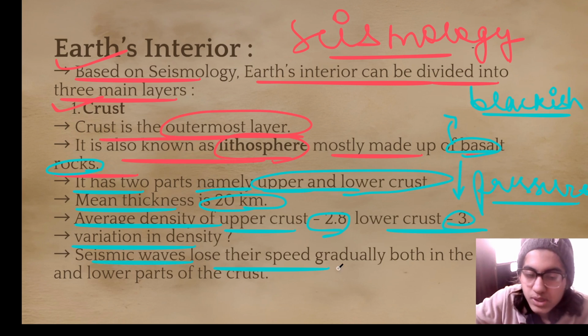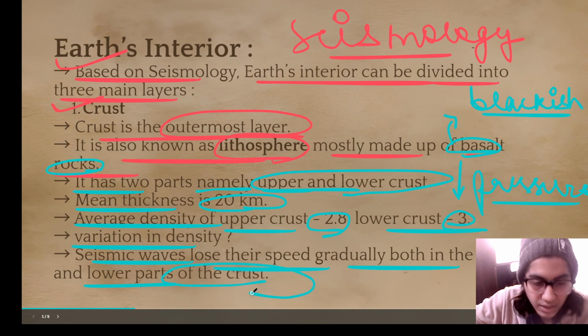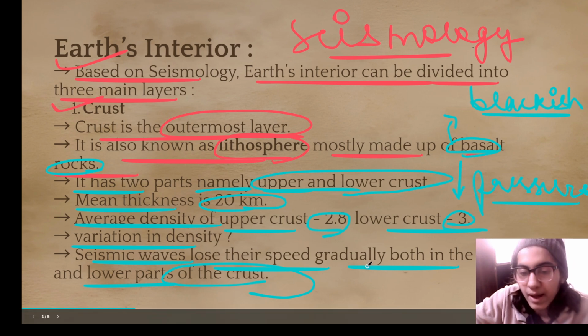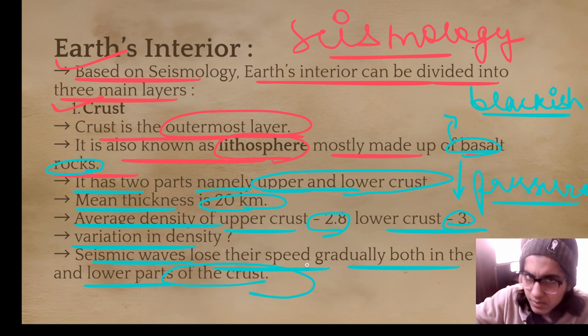Seismic waves lose their speed gradually both in the upper and lower parts of the crust. The seismic waves slow down in the crust because the crust is not much denser. What happens when the layer is denser?